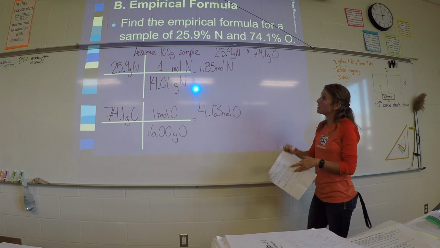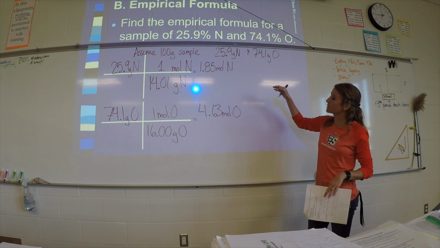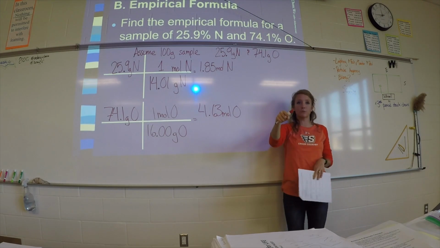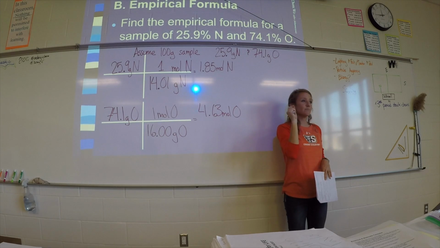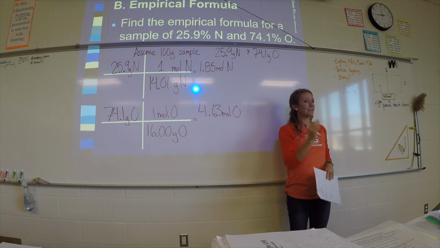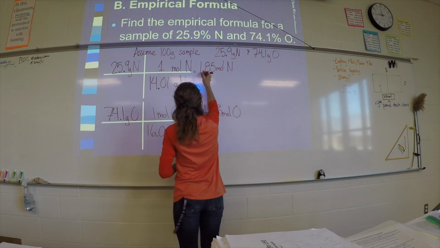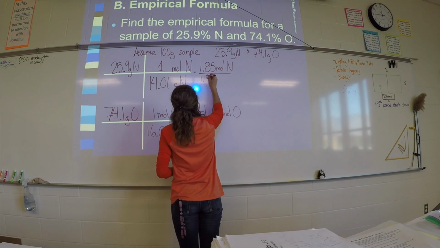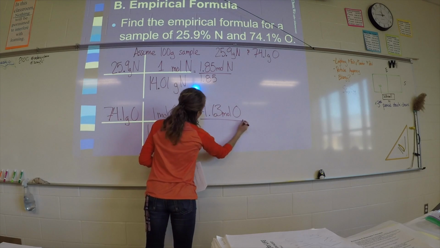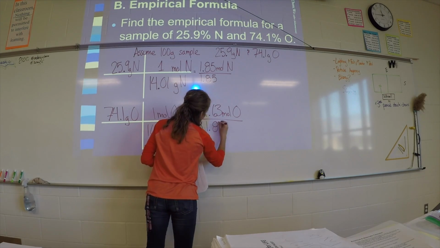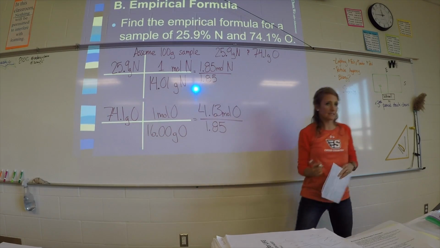Okay? All right. So what we're going to do now is, if you look at step 3, we need to take the smallest one and divide both by it. So since 1.85 is smaller, we're going to divide that one by itself and divide this one by 1.85, like such.